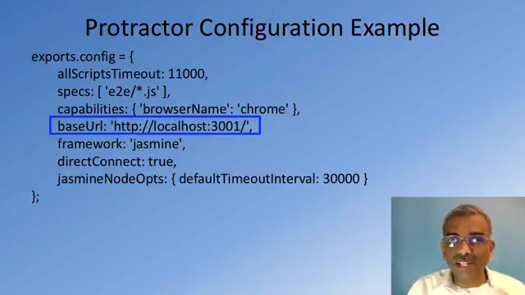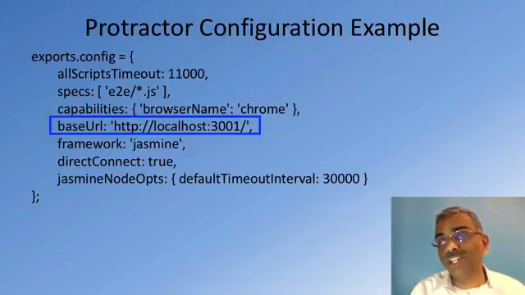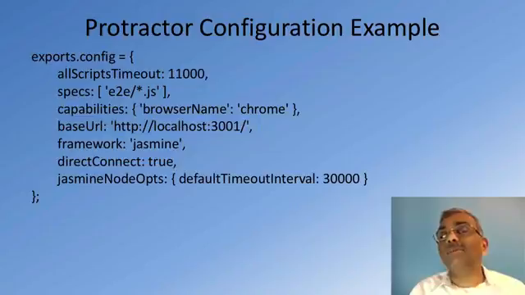Now this base URL specifies where your application can be accessed. In the exercise, you will see that I will start up a server which will serve up the application, and I use Gulp for doing that. It will serve up the application at port number 3001.